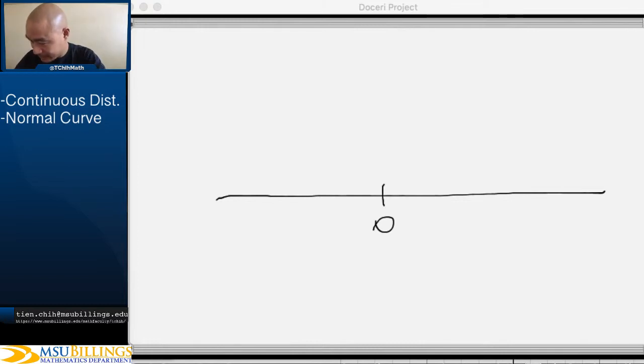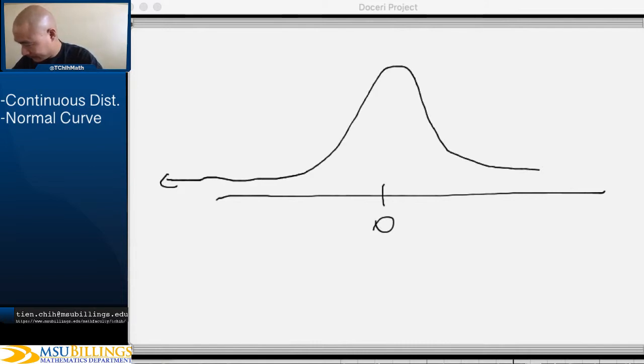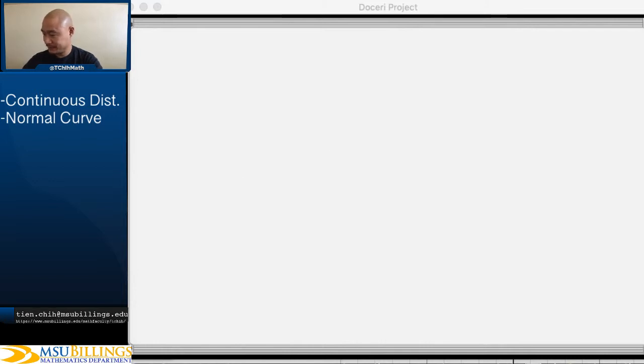That forms a bell curve type shape. It really should get closer to the x-axis in both directions. You know what? I can do better than that.